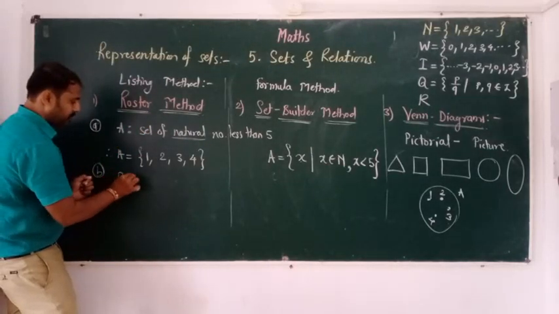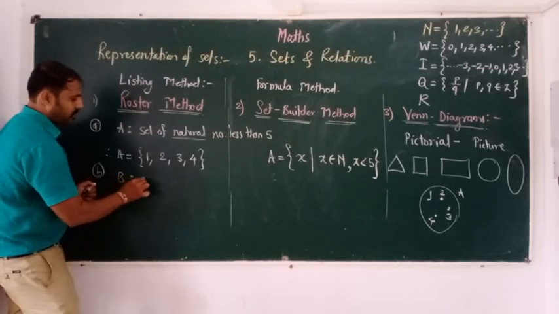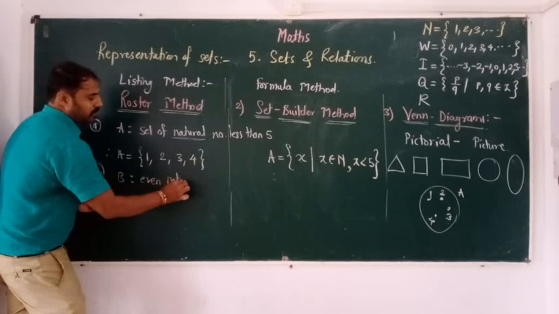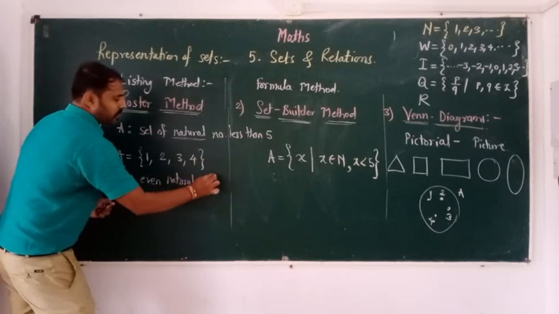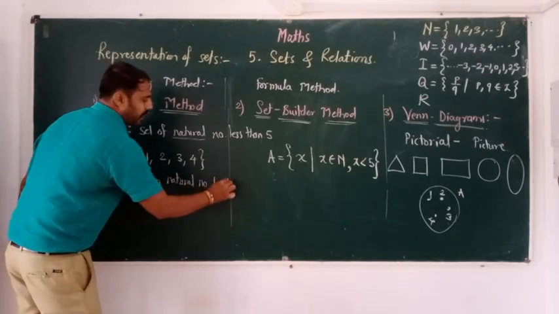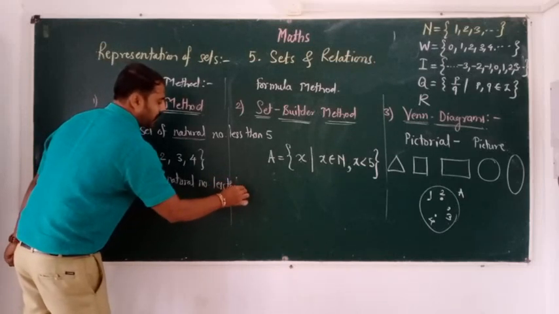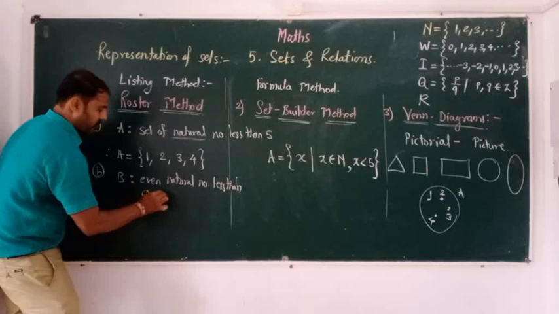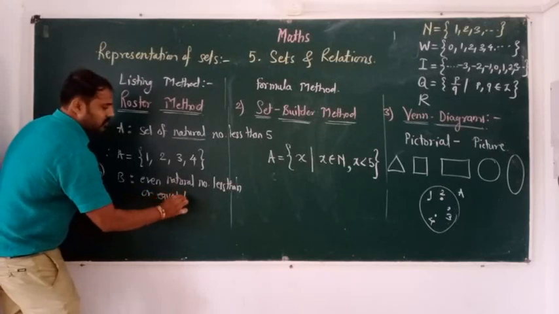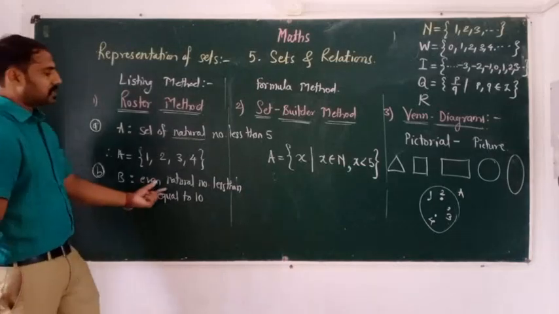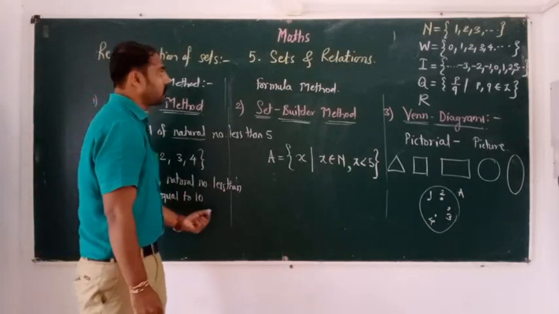Suppose this second example is B, the set of even natural numbers less than or equal to 10.